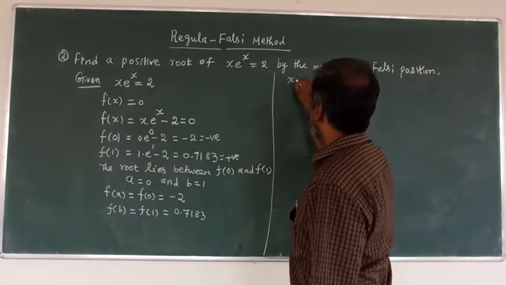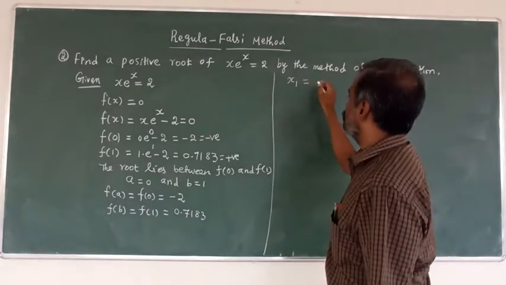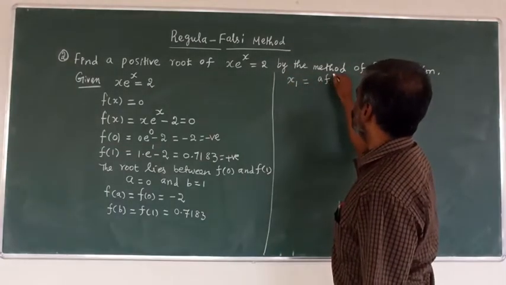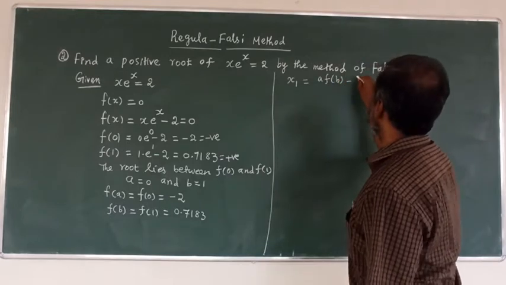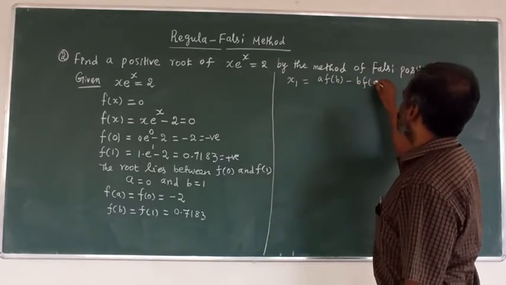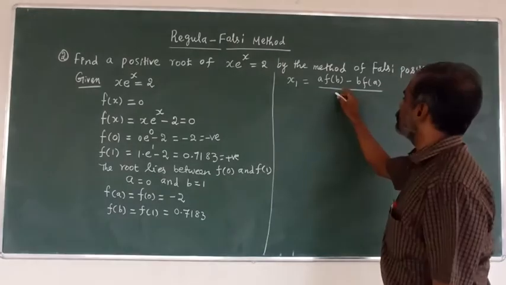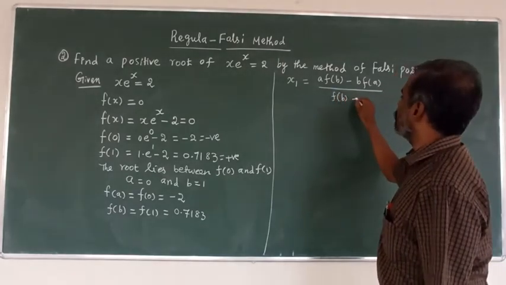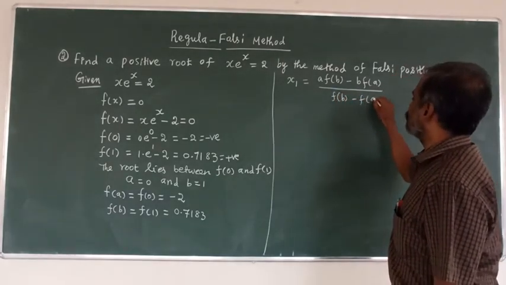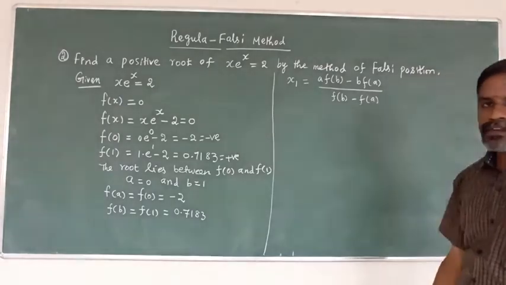First iteration: x1 = (a f(b) - b f(a)) / (f(b) - f(a)).